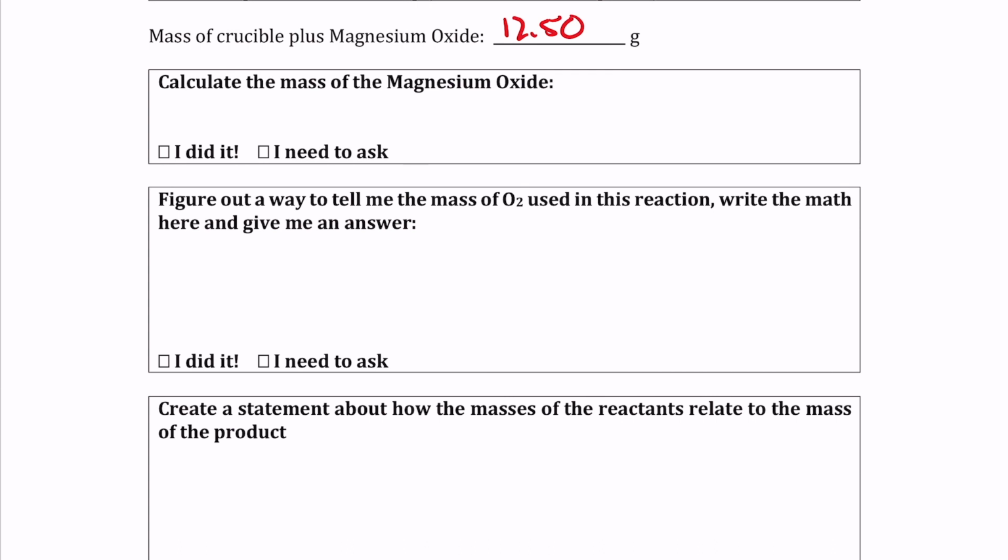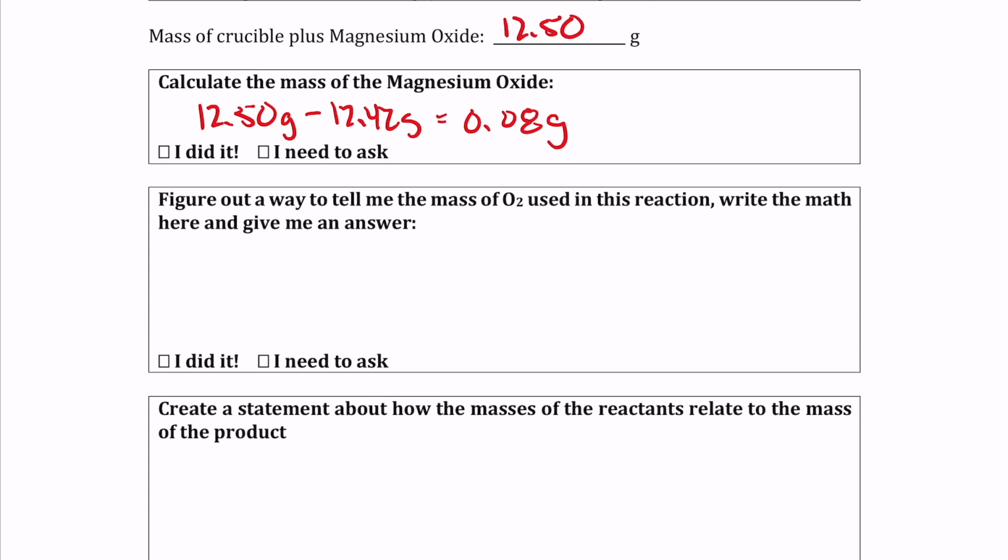And so now we want to calculate the mass of the magnesium oxide. And so how do we do that? Well, we take the new mass of the crucible plus the magnesium oxide, and then we subtract off the crucible again. And we get then that the magnesium oxide is about 0.08 grams.